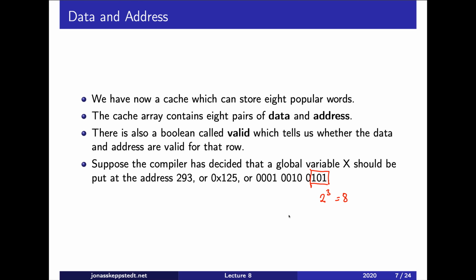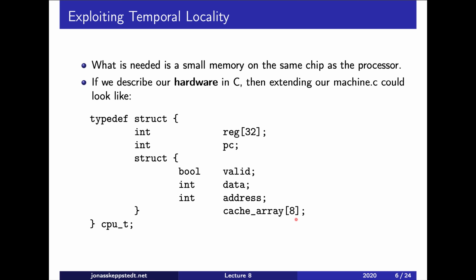For index 5 of the CPU's cache, I can be more appropriate and write cache of 5. And then we check if this one is equal to 293.